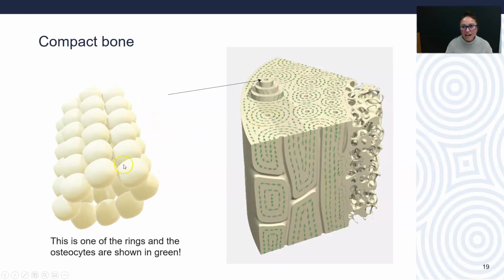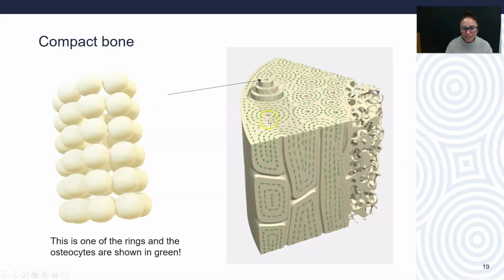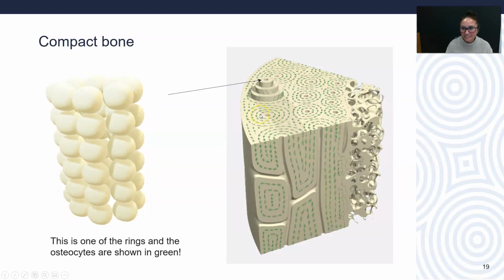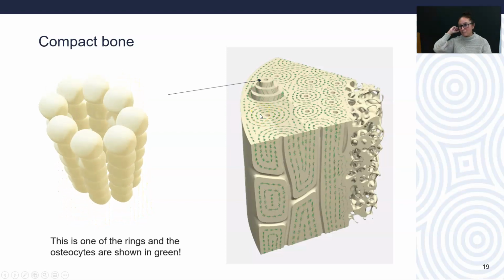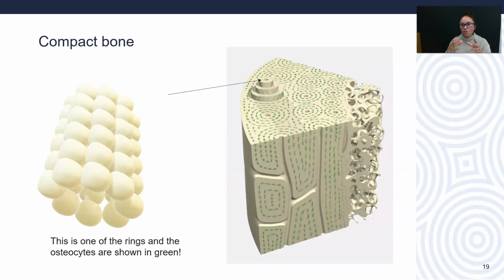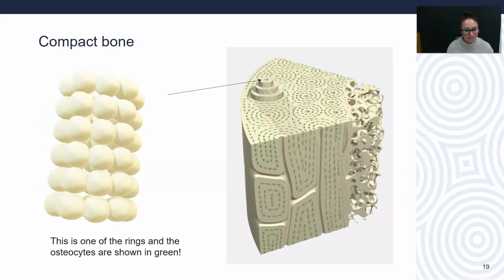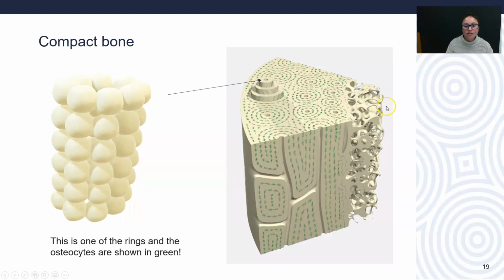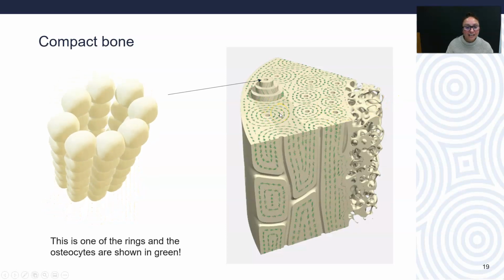So what I've made here is one of these rings. That's why I made that picture for you, because I want you to understand what one ring was. All of the osteocytes are coloured in green.